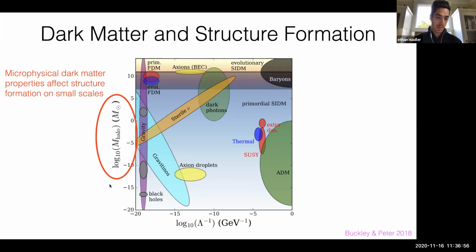This is the mass of the smallest gravitationally bound dark matter halo that can form in a given dark matter model. The point is that, if you look at the vertical scale here, the dark matter models are often very effectively differentiated by this minimum halo mass. Another way of saying this is that the microphysical properties of dark matter generically affect structure formation on very small cosmological scales.